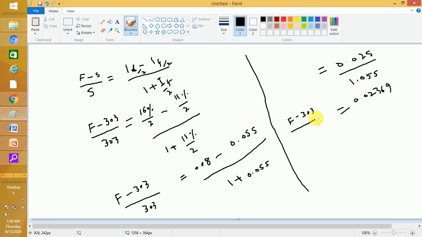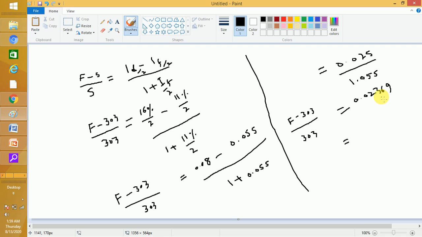Now what will we do? This factor will go to that side, so it will be multiplied. F minus 303 divided by 303 is in division, so on that side it will be multiplied.